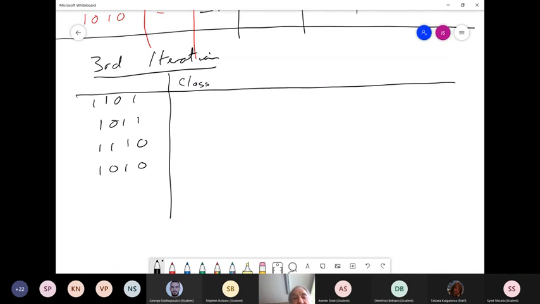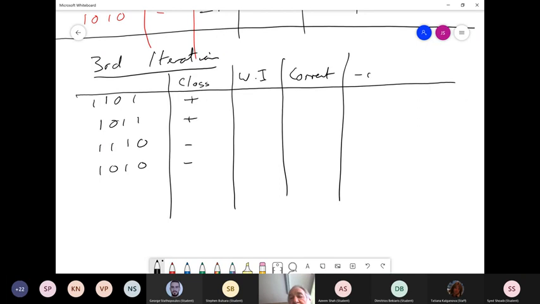The class is going to be the same as before: plus, plus, minus, minus. The scalar product, w dot I. We want the value of C. Oops, not minus C. And we want the updated weight vector.